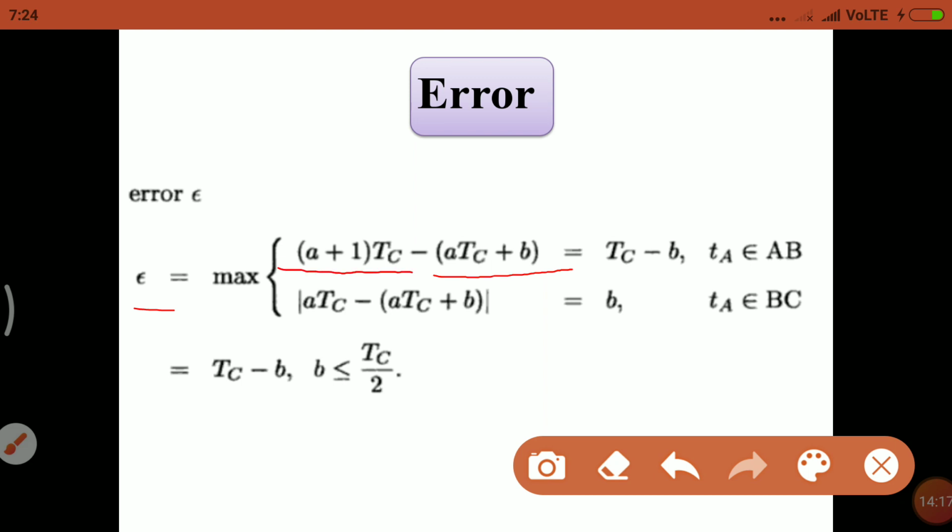What is Tc? Tc is the time period of the clock signal. Whatever signal is generated by the clock generator, the time period of that clock generator is nothing but Tc. So whatever the difference, you will get Tc minus B. At what condition? When TA occurs between AB, meaning between A and B point.